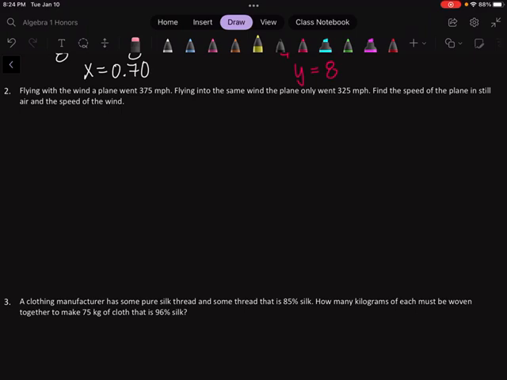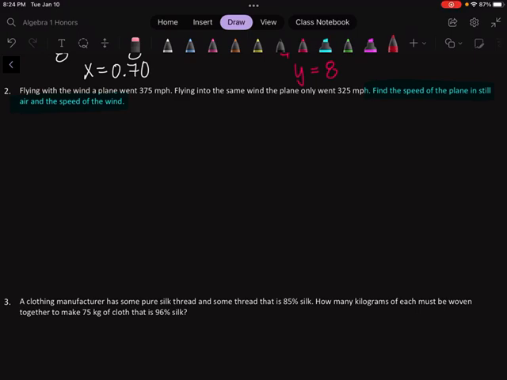Find the speed of the plane in still air and the speed of the wind. Okay, so that is our question. Find the speed of the still air and the speed of the wind.